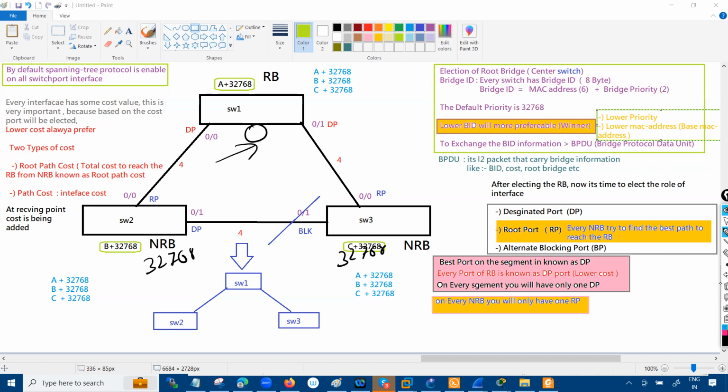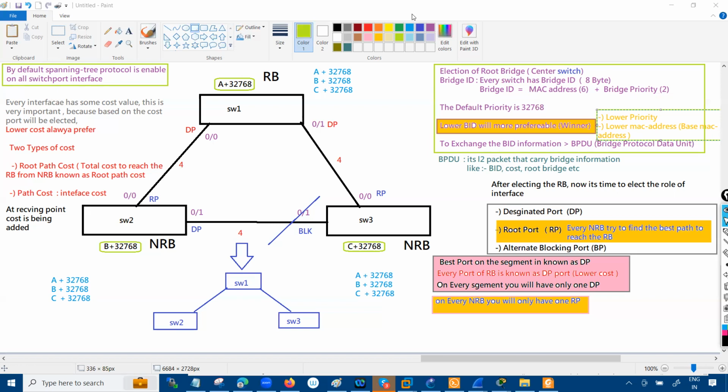You cannot change the base MAC address, you can only change the priority. So if right now he is the root bridge and I make this guy's priority 0, he will become the root bridge and the other will become the non-root bridge.